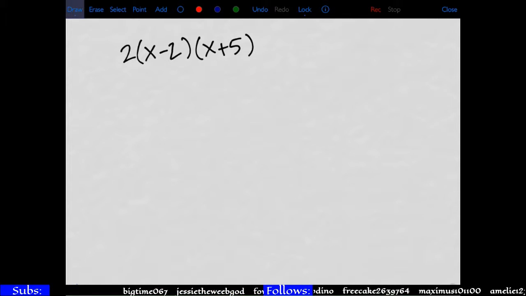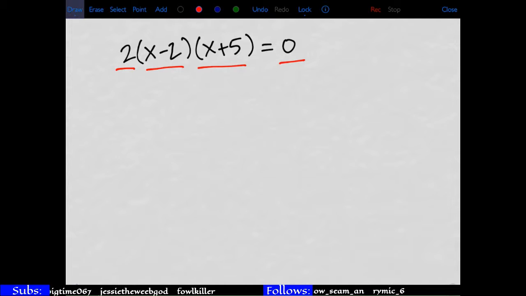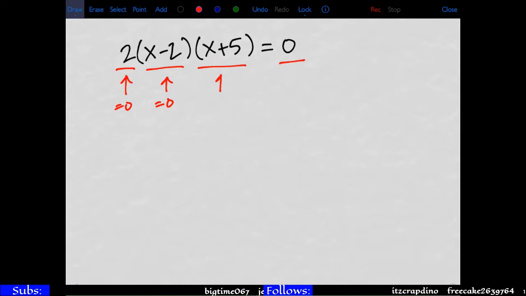The key to solving in intercept form is this idea that if I have any number of things being multiplied and they're equal to 0, then if any of these things are equal to 0, the statement will be true. This is called the zero product property.